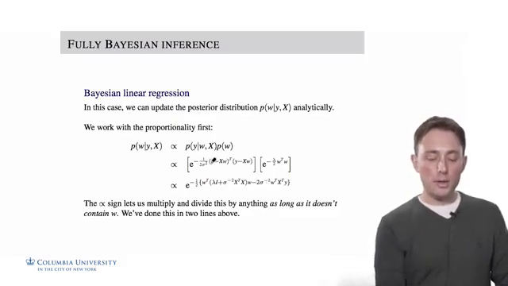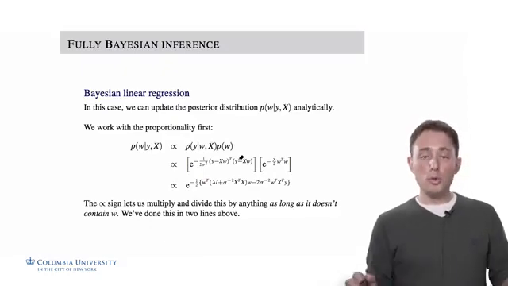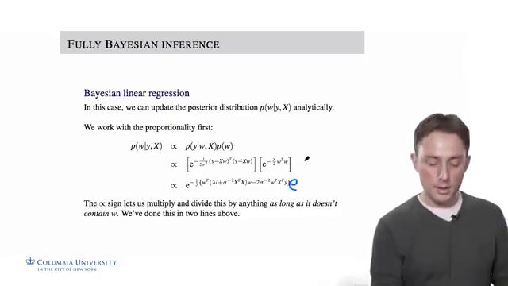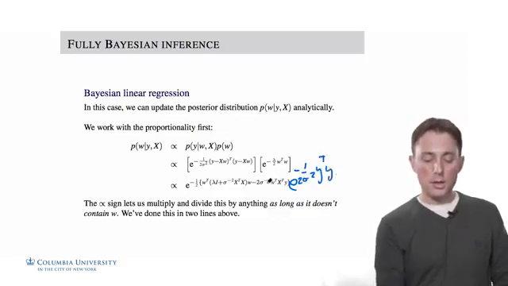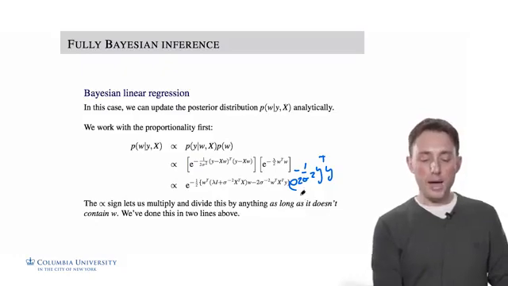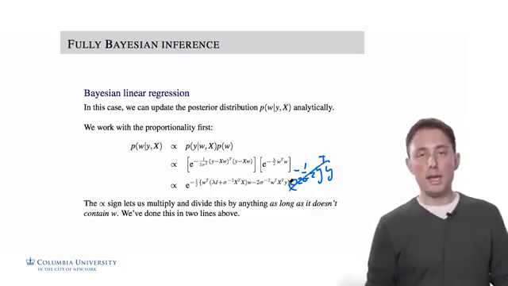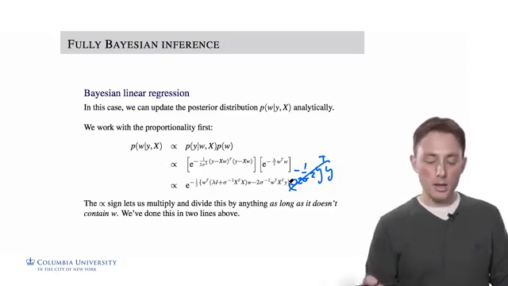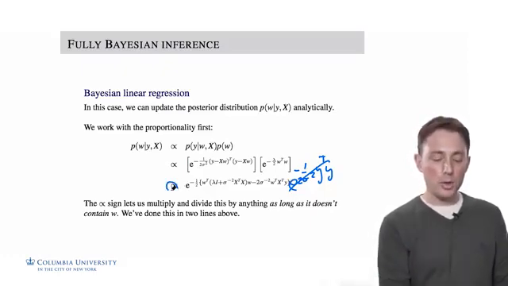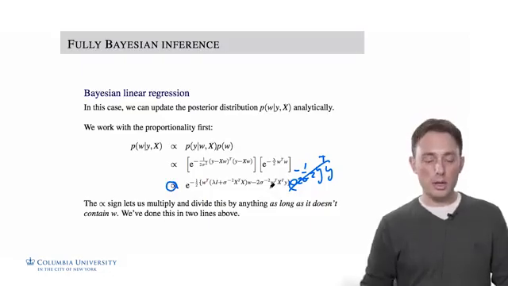And then the term that involves y transpose y, I've removed that because that's simply equal to a pre-multiplication by this value. And so when we normalize this, when we divide by the numerator integrated over w, this will simply cancel out. So again, we take advantage of the proportionality that we're working with to remove terms that aren't necessary.